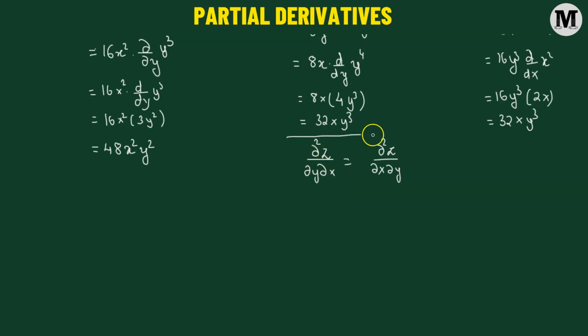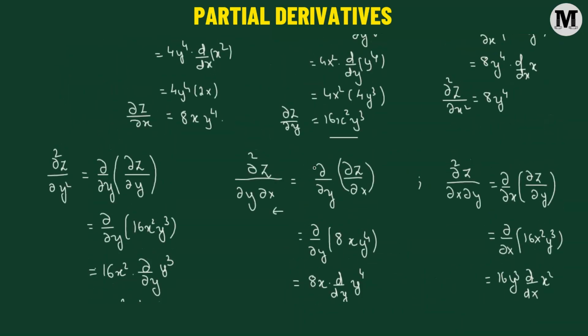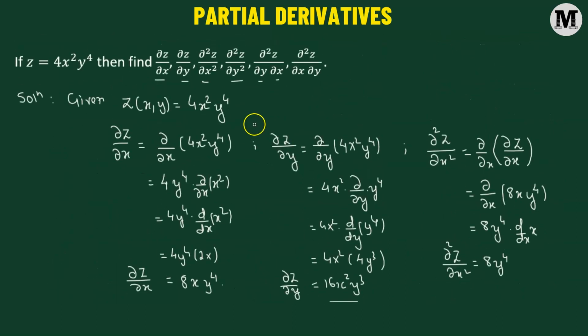Whenever this criterion is met, this is a very important theorem known as Clairaut's theorem. We'll come across this theorem later on. I just wanted to show what Clairaut's theorem states. So this is how we can obtain the partial derivative of the function z with respect to the indicated variable.